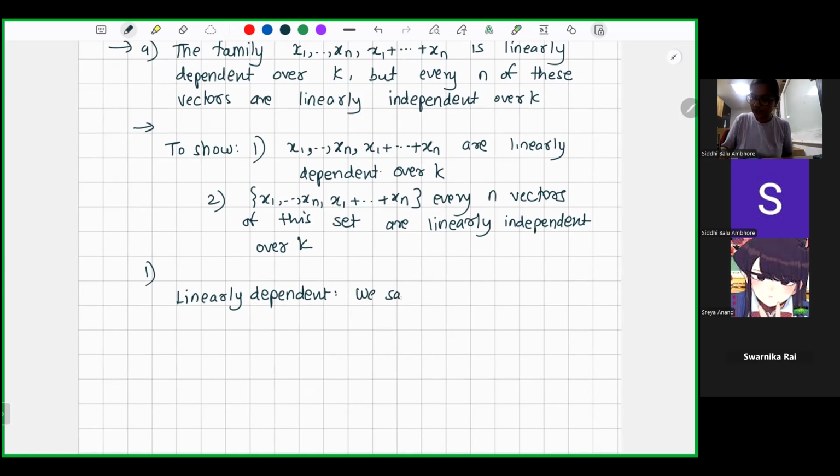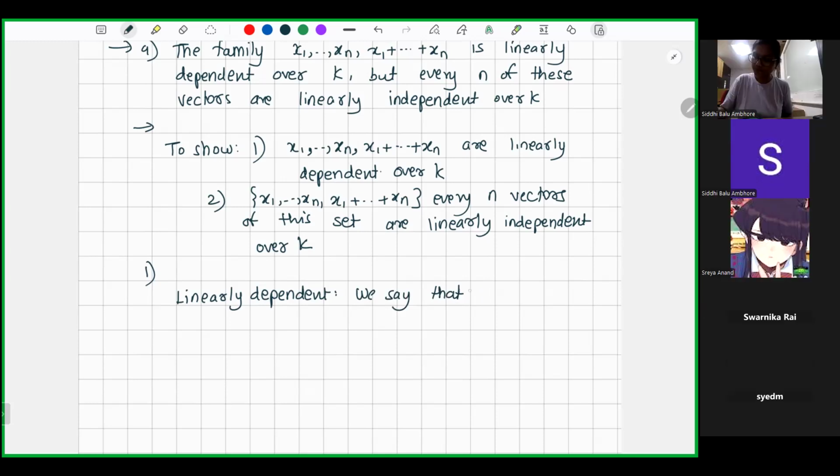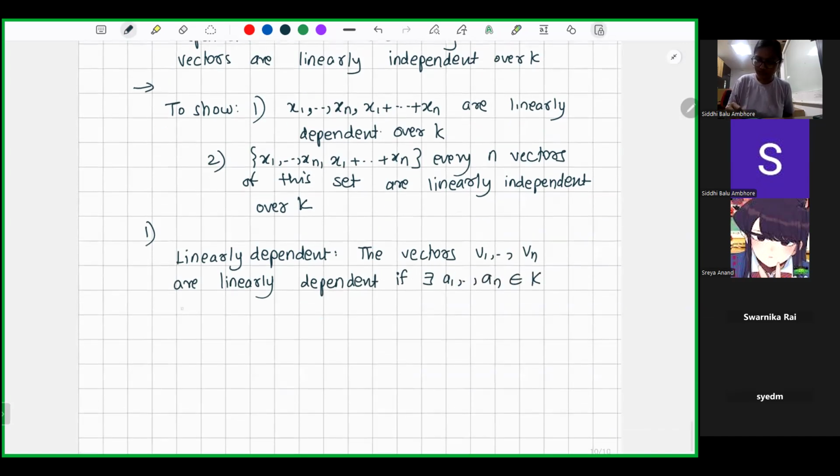So we say that the vectors v1 to vn are linearly dependent if there exist a1 to an in K such that at least one of the ai is non-zero, with a1 v1 plus ... plus an vn is equal to 0.